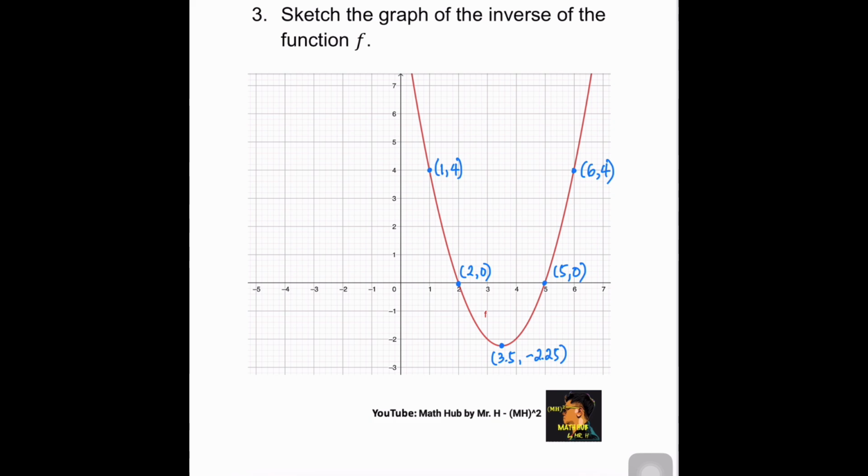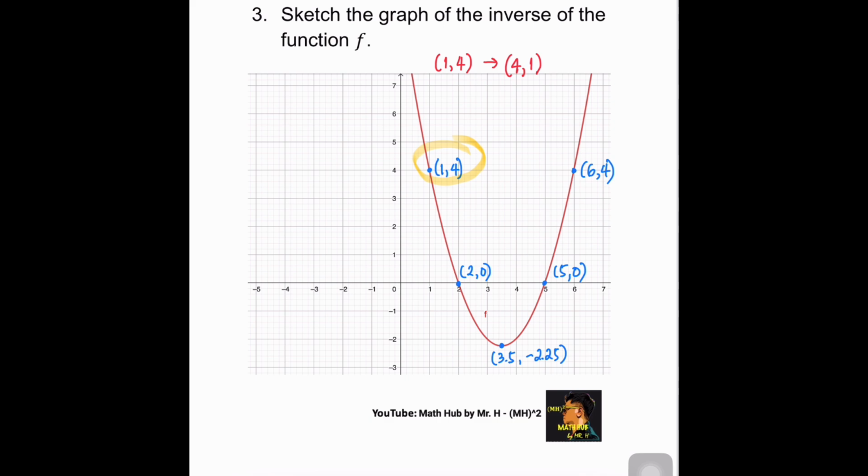So for example, we take this point, which is at 1, 4, from the original graph of the function, we just need to swap the x and y. So basically, the inverse of that will be at 4 comma 1. So just literally swap the position of the x coordinate and the y coordinate, which is actually related to the second step that we applied earlier in answering examples 1 and 2.